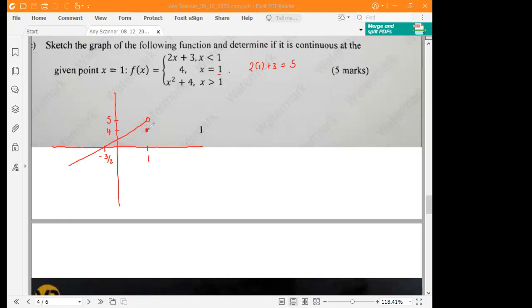According to the definition of the function, when x is bigger than 1, we are starting from 5, because you substitute in here. So we get a 5. It's also open there. I mean, we don't close. We just start from there. Then we pick a number bigger than 1, say 2. So you have 2 squared, which is 4 plus 4, giving us 8. So that's telling us that we move going up.